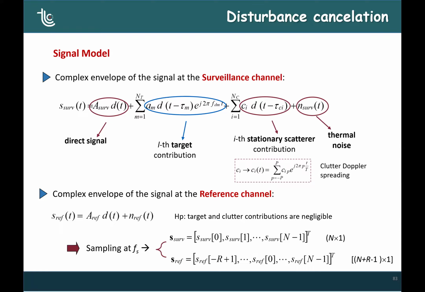In the reference channel, we have, of course, the direct signal, dt, that is multiplied by a ref, so another amplitude. Also in this case, a ref is quite high, but we need to have a clear reference channel. And in this case, we consider that in the reference channel, there is only the noise.